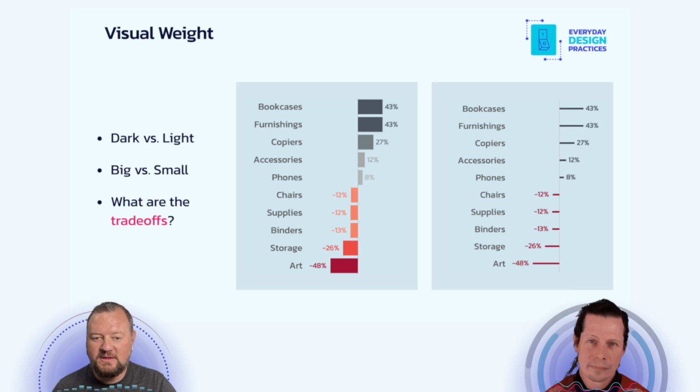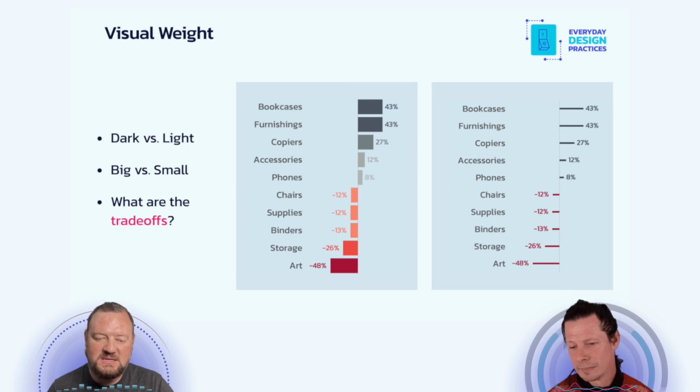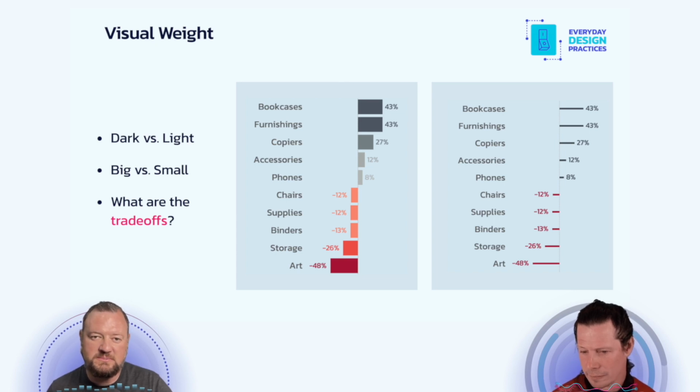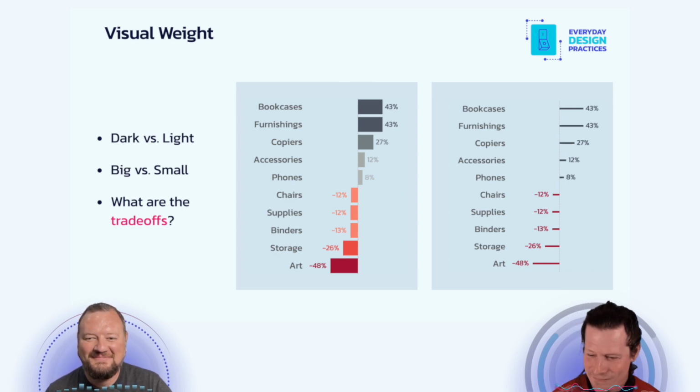So part of my thinking was, do we want the bars to compete for visual gravity against the labels? And it goes back to what's more important. What am I looking for first? Am I looking for the biggest, reddest bar? Or am I looking for my thing? I'm looking for chairs.